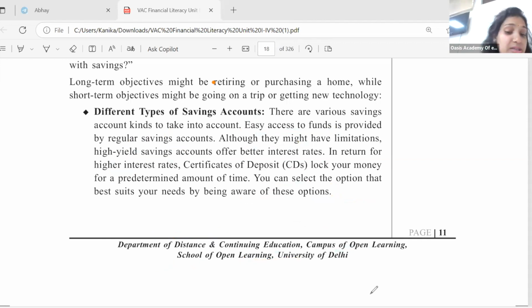It all depends on the person. If you want a higher interest, you lock a huge amount of money in a certificate of deposit for a predetermined time, like 5 or 10 years. You can select that option according to your motive.